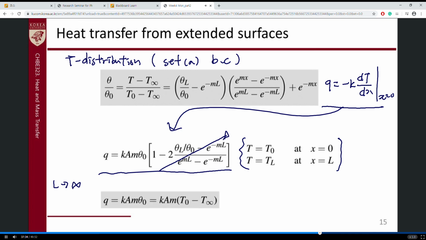So our final Q value can be K A M theta 0. And theta 0 is T0 minus T infinity, and K, A, M are constants that we derived in the previous slide. Okay?